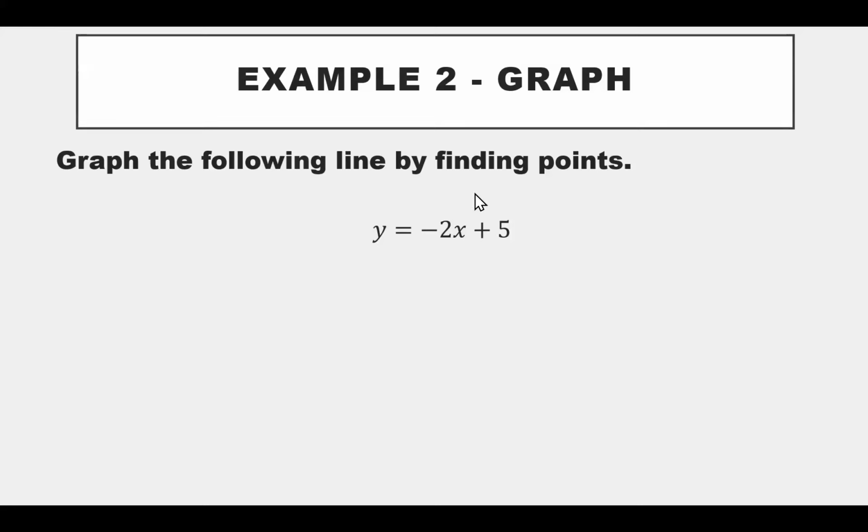Let's graph the following line by finding points. So here we have y equals negative 2x plus 5. We're going to find some points that make that equation true and then graph them and then basically connect the dots and extend that to graph the entire line.